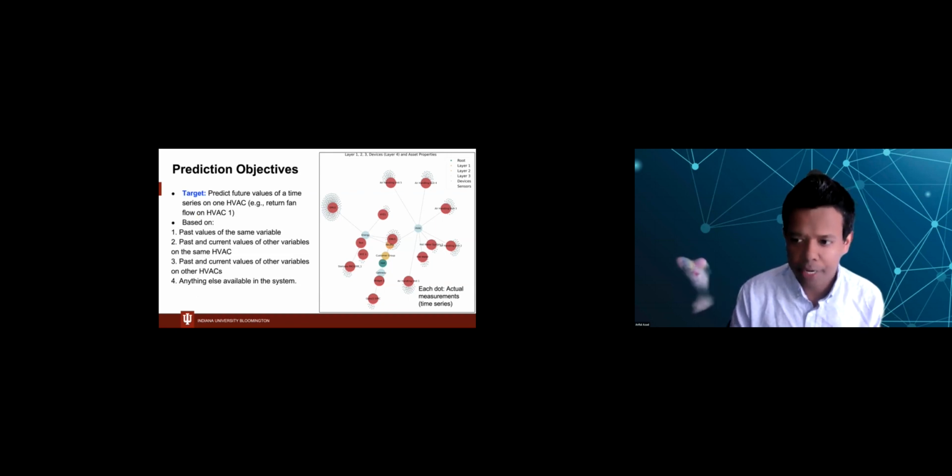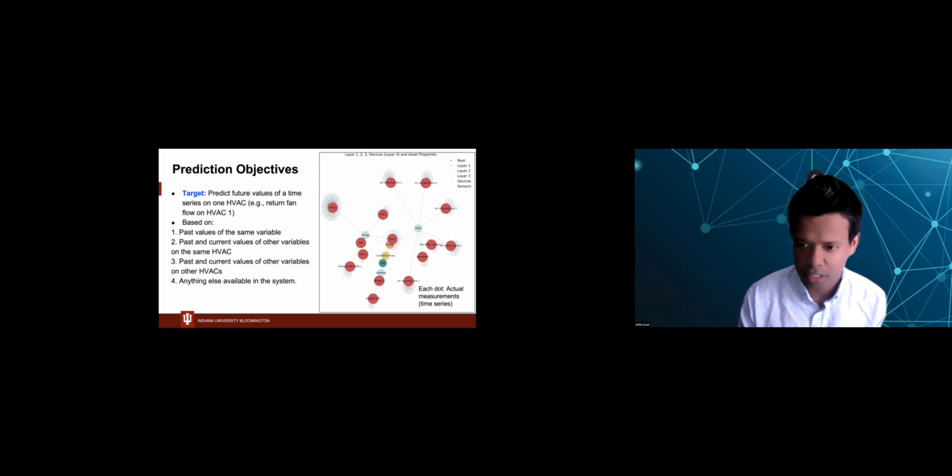So in our prediction cases, our objective is we target one particular time series, and we aim to predict future values of that time series. For example, we want to predict the future value of return fan flow on HVAC 1. So in this particular case, we're just predicting one time series in the future.